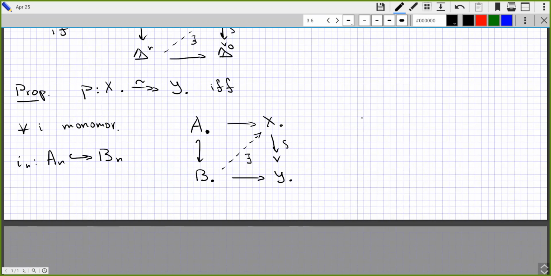Some comment on this proposition might be that basically what we are doing all this time has a model category flavor, and that is true.